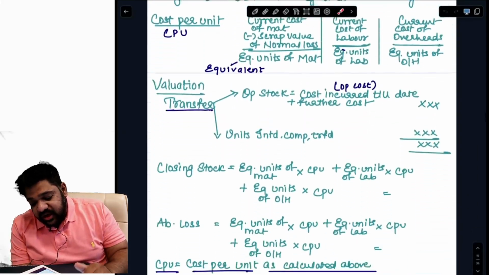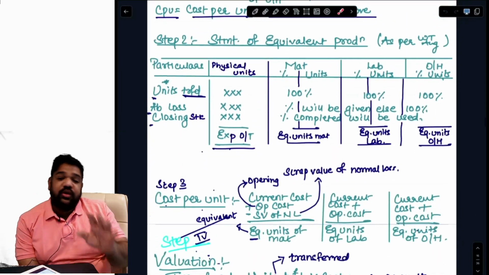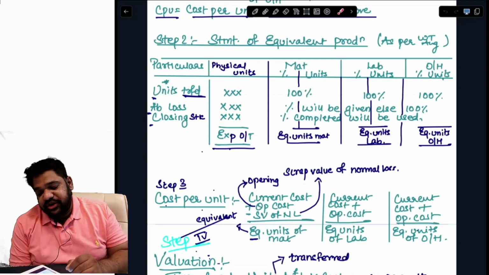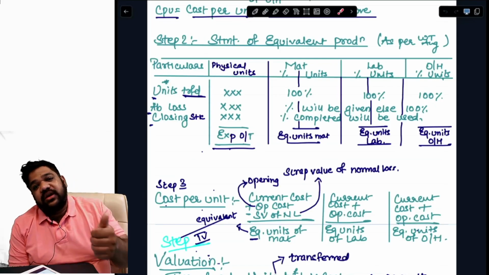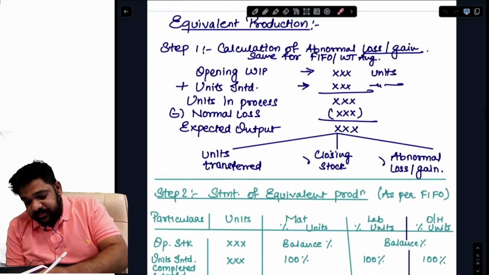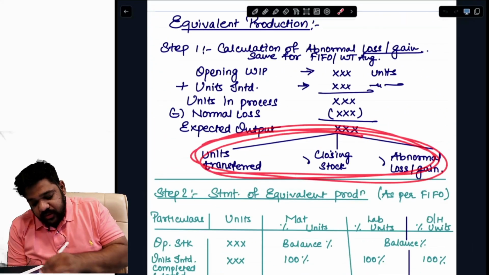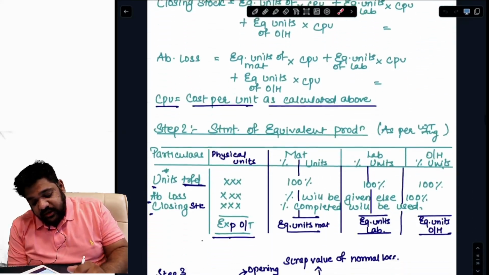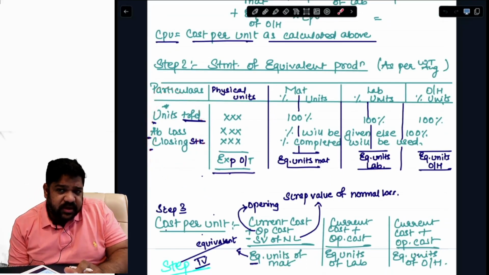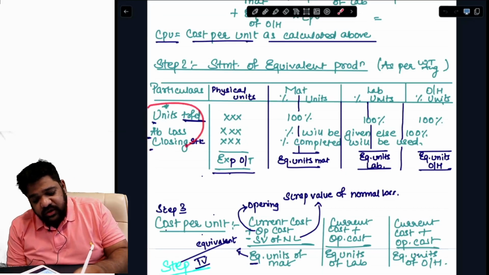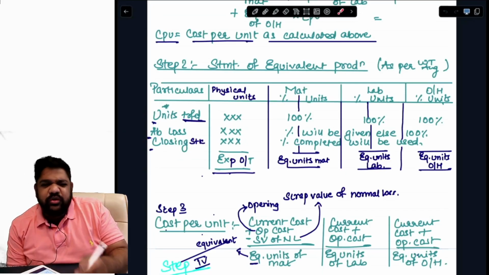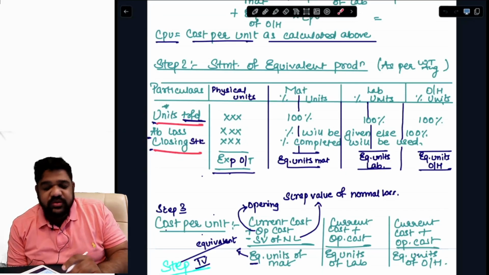Now, if you are following weighted average, you will have three branches in your step number two, that is the statement of equivalent production: the transfer, closing, and abnormal loss or gain. Keep this in mind. Just in case you do not have a normal loss, then you will have only two branches: units transferred and closing stock, for sure.